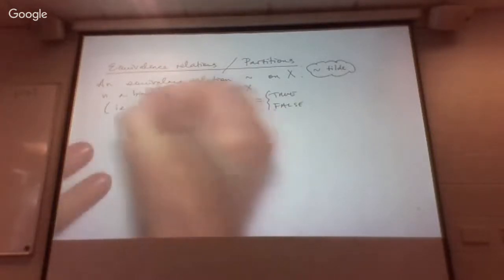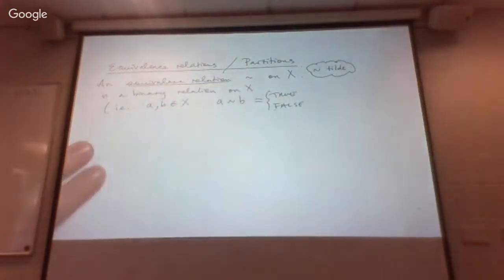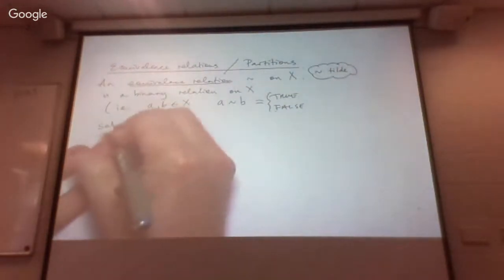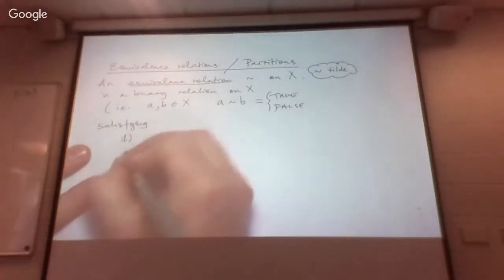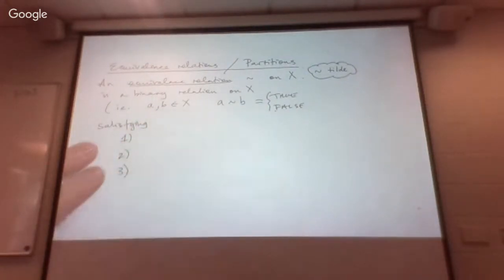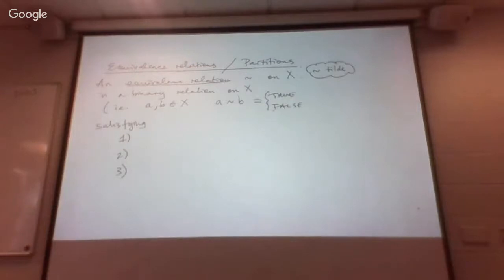An equivalence relation is something quite strong. It satisfies three key properties. These are the three key properties that make this relation mimic or act a lot like equality. Equality is the fundamental relation: two things are related if and only if they're actually equal, the same thing.